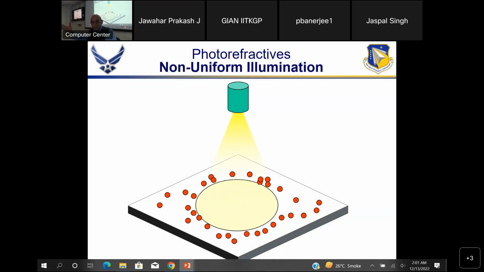Electrons are going to be generated there, but then they're going to diffuse to other sites, because that particular region had a higher concentration of electrons, so they diffuse to regions of lower concentration. And that's where, of course, they're also going to recombine with the impurities, with the traps.